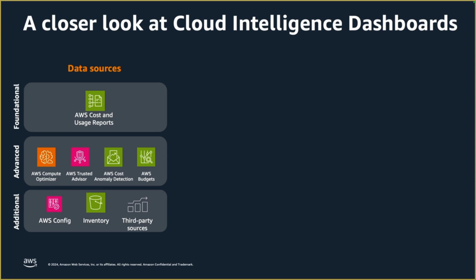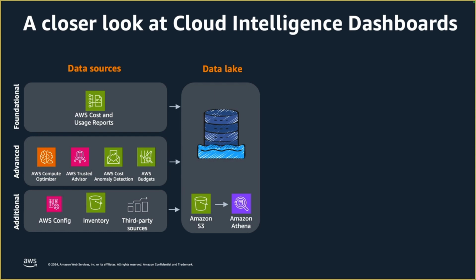And if we take a deeper look under Cloud Intelligence Dashboards, all the services that we talked about, like Cost Explorer and Cost and Usage Report and budgets, all these tools at the end transfer into data sources. And those data sources are going into a big data lake, which is based on Amazon S3 on a specific bucket. And we're using Amazon Athena in order to query this bucket and get the relevant information.